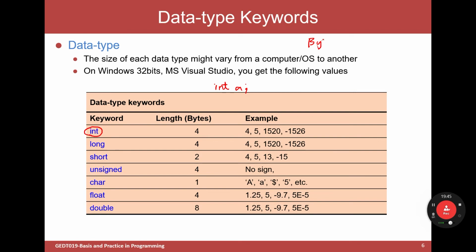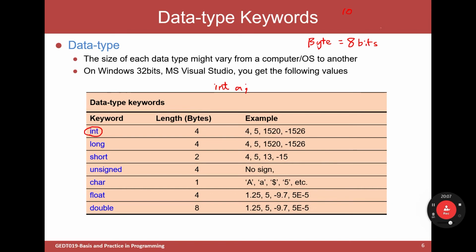Maybe you studied this one before, each 1 byte is equal to how many bits? It's equal to 8 bits. And what are bits? 0, 1, you know. So, for example, if I say number 10, how can we write number 10 in bits?